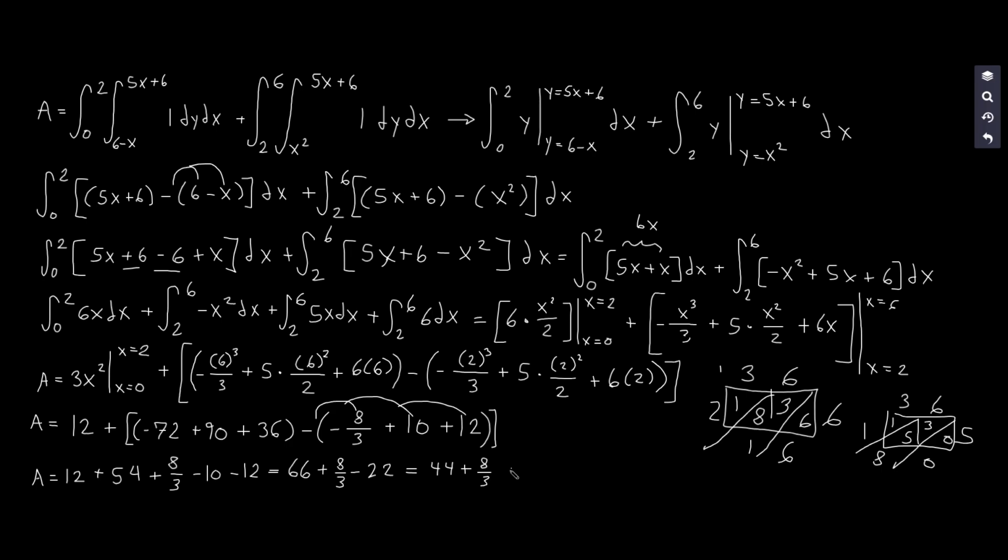And 44 times 3 equals 132. So we'll have 132 over 3 plus 8 over 3 equals 140 over 3. 140 divided by 3, you can't divide that evenly.